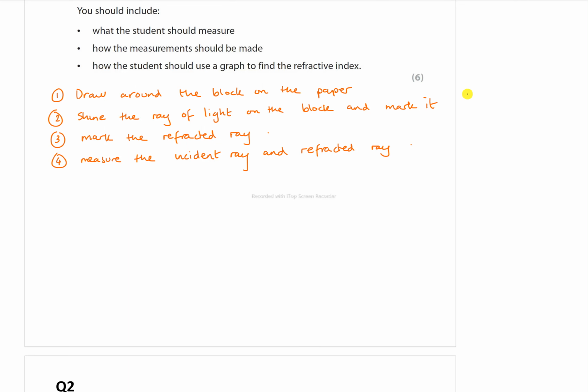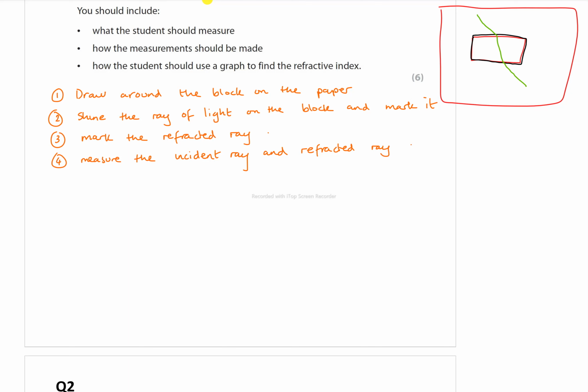So let me explain that to you. So here's my block. That there is the paper. I draw around the block. I shine a light. It's going to get refracted, and it's going to do that.